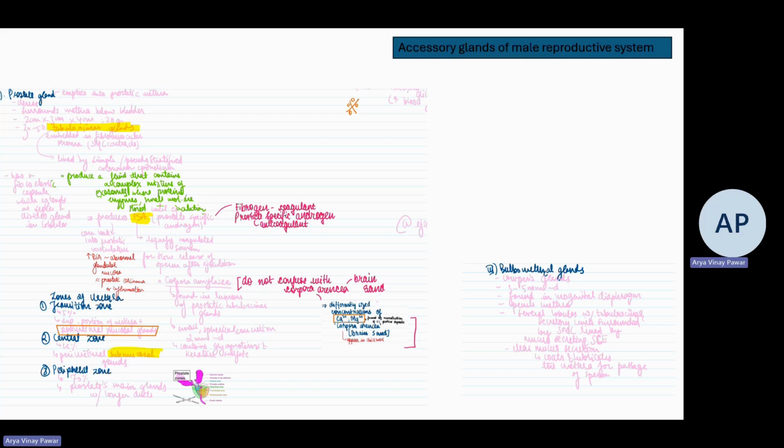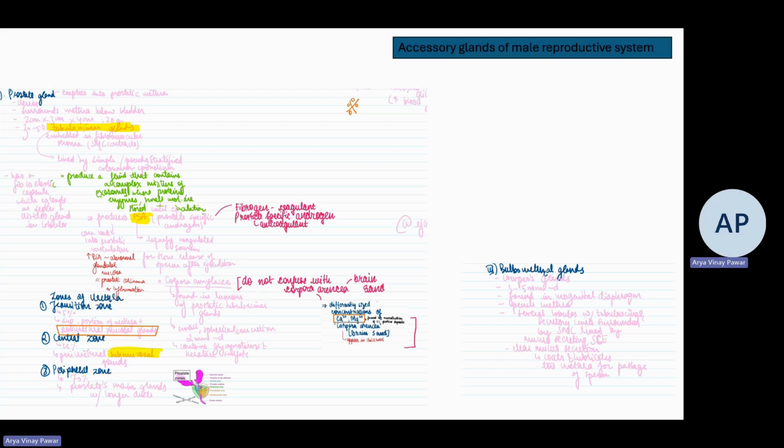That's more clinical. And then we have corpora amylacea, which is a condition where we see concretions of glycoprotein and keratin sulfate within the lumen of the prostate gland itself, and the condition is known as corpora amylacea.